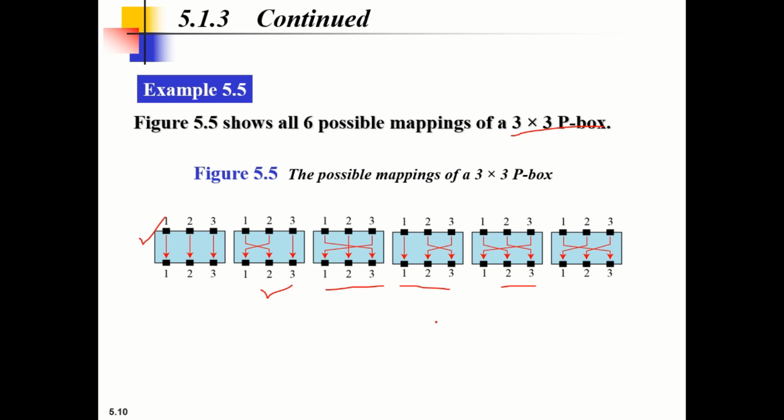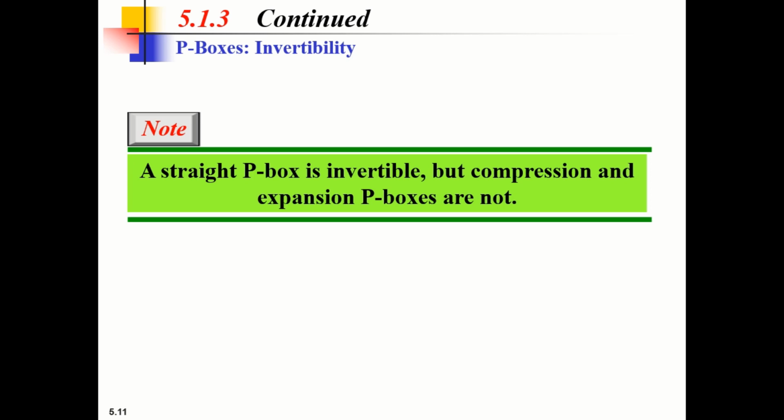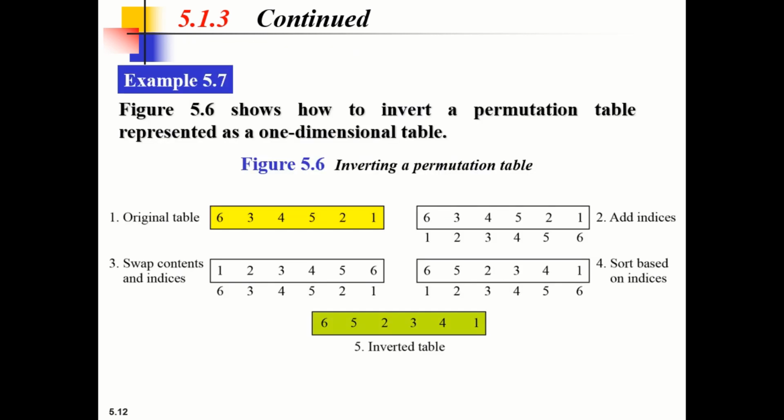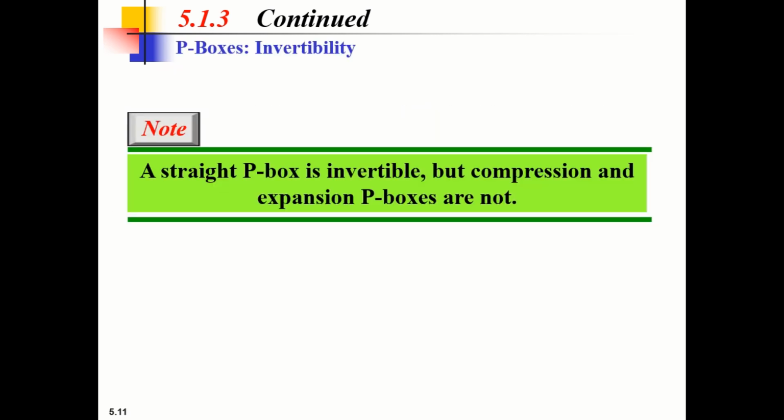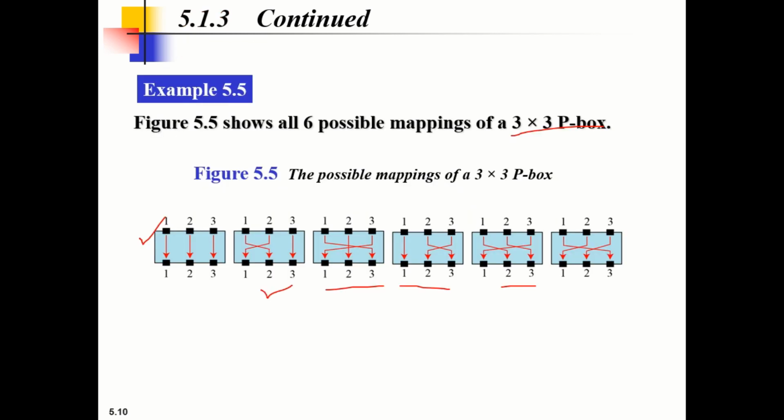These things are just important to understand, so that is why I'm covering all of them. But the important things which we need to understand are the concepts of confusion, diffusion, and P boxes and S boxes, because we are going to make use of these concepts in the upcoming topics.